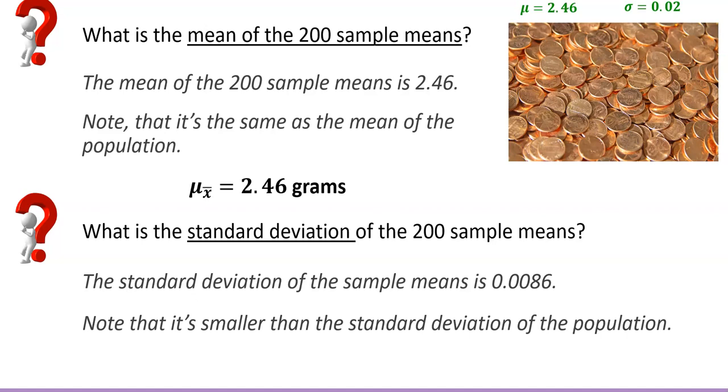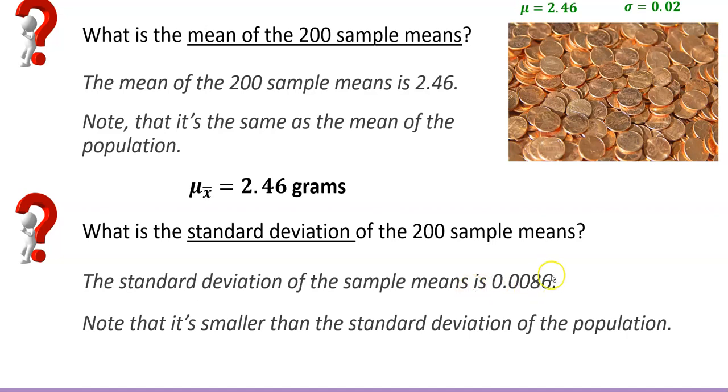Because the heavy coin in the sample will be balanced out with the coin or coins that are not that heavy. So we're not going to see such extreme values when we look at the sample means versus looking at the coins themselves. And that's the reason why the standard deviation is actually less. The standard deviation of the sample means is less than the population standard deviation.